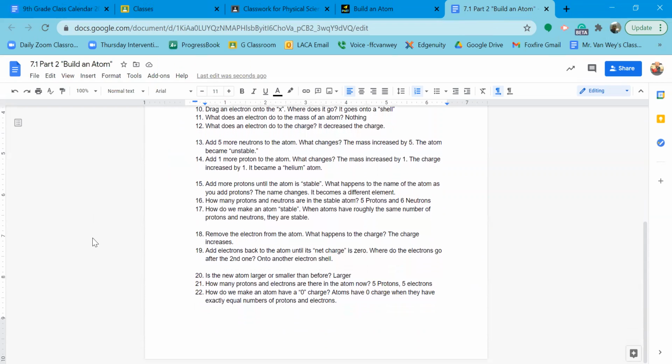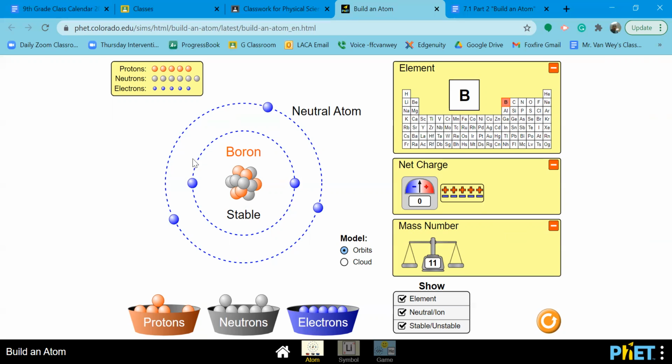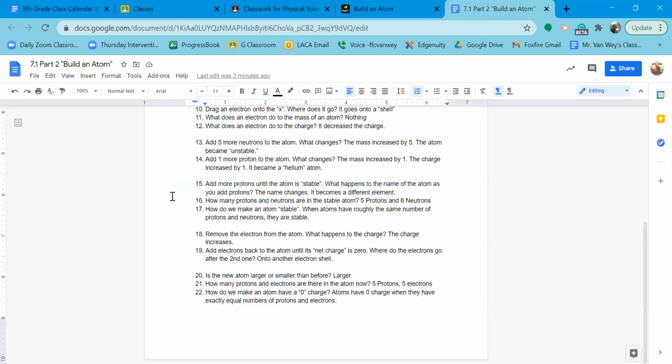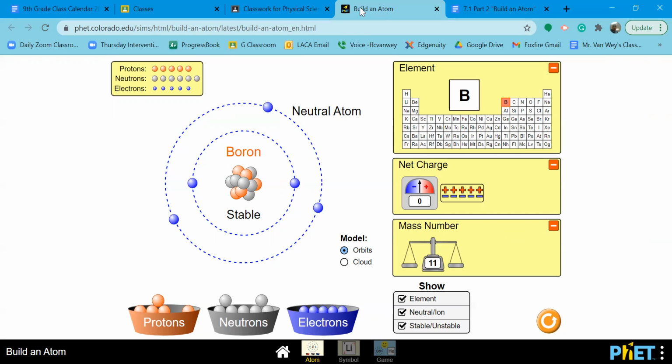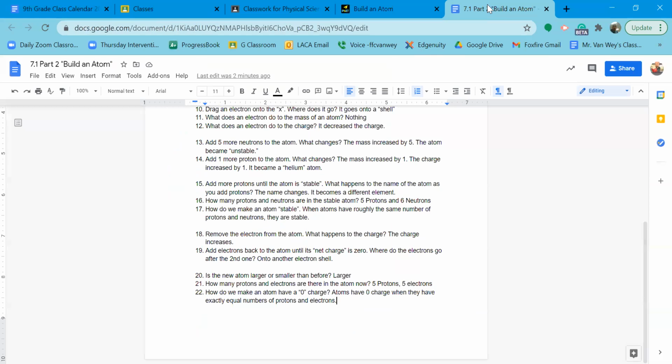And if atoms have really unbalanced numbers of protons and neutrons, then they're unstable and they'll fall apart and cause radioactivity. As atoms gather more electrons, they go into outer shells and the atoms become larger.